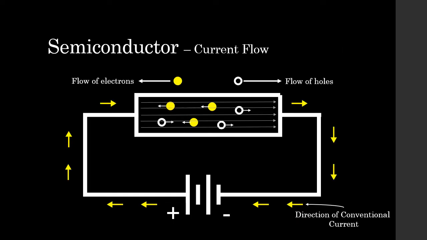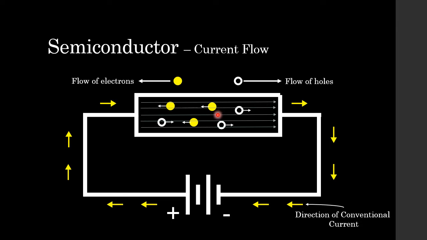Now, you're probably familiar with the fact that a flow of electrons causes current flow, or is current flow? And you'd be right. So let's look at current flow in a semiconductor. Here we have a semiconductor and I've plugged a battery, positive terminal, negative terminal, onto our semiconductor. And what this battery does, students, is it sets up an electric field within our semiconductor, illustrated by these gray lines.